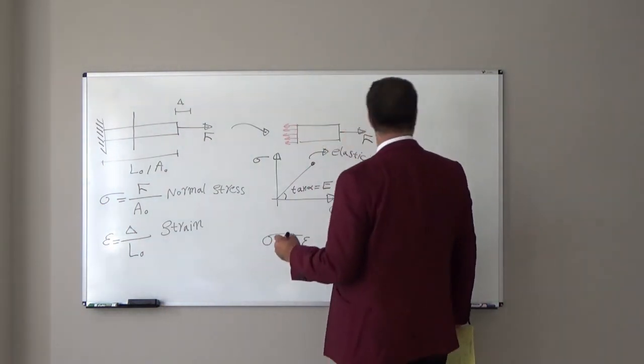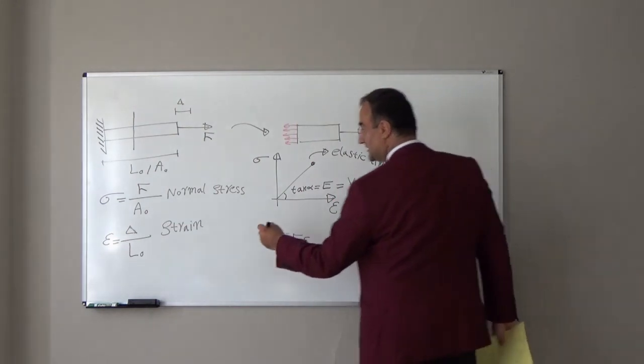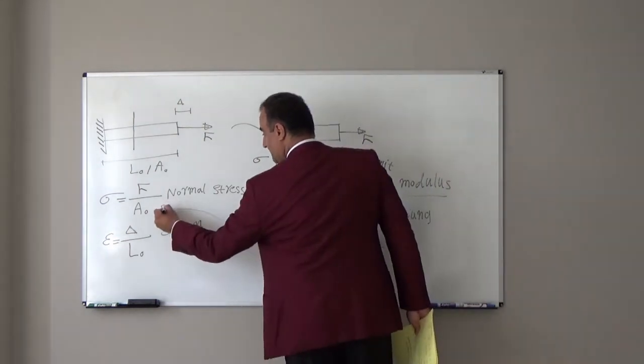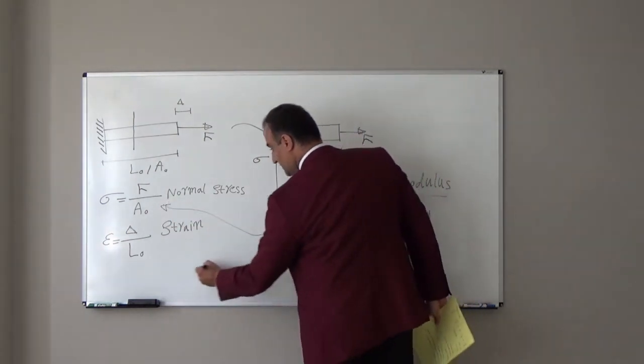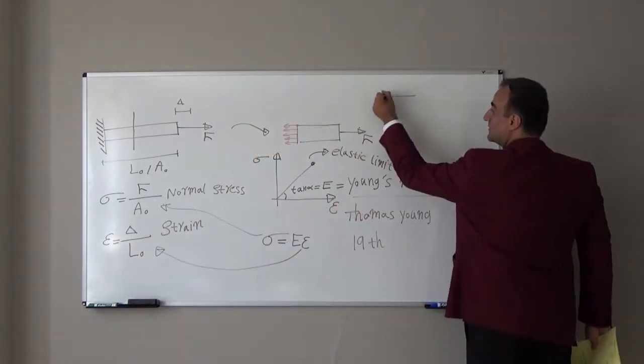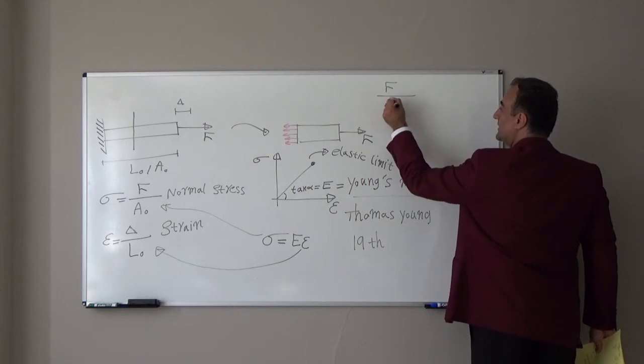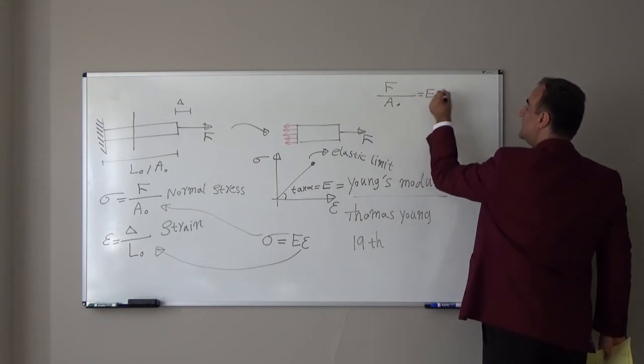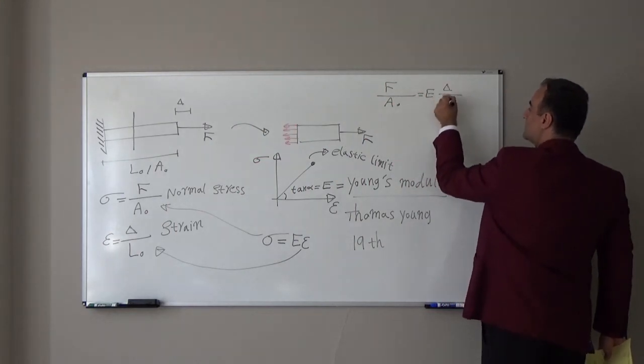From here, if we put F over A naught instead of sigma and delta over L naught for epsilon, I can write F over A naught is equal to E delta over L naught.